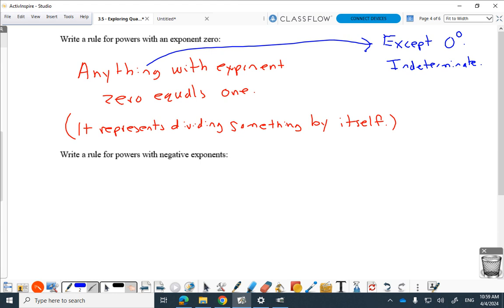How about negative exponents? Does anyone have a handle on this? Can someone write a nice, succinct little rule about negative exponents that somebody can look at in their notes and go, oh, that's what I do with negative exponents? It becomes 1 over the term with exponent changed to positive.